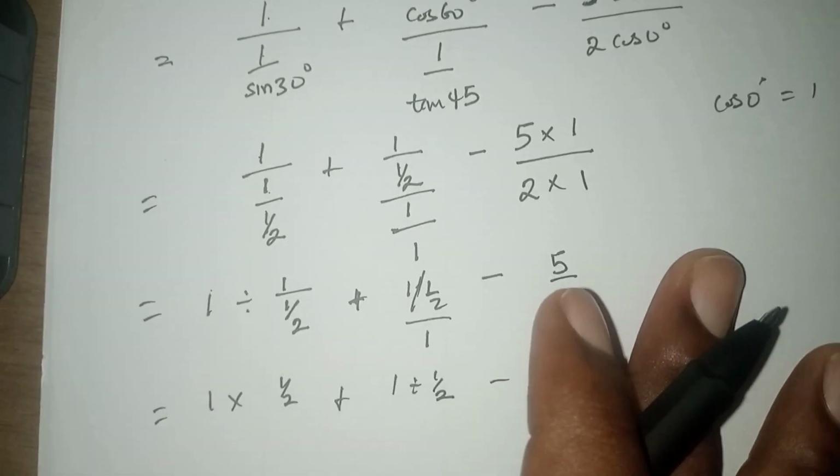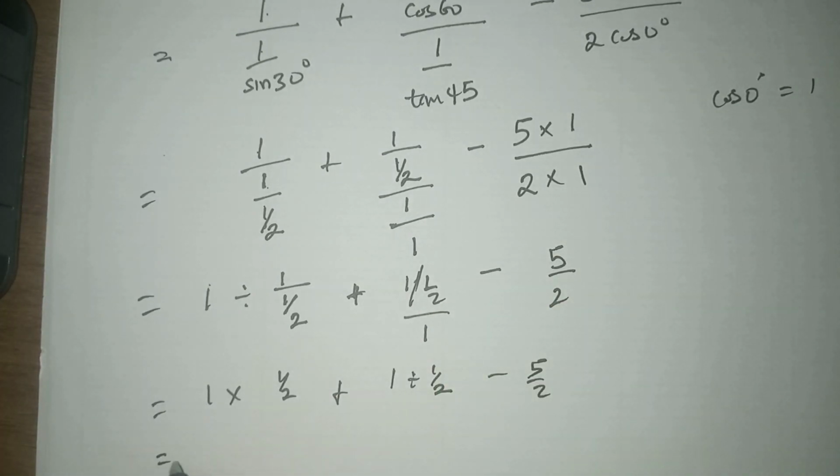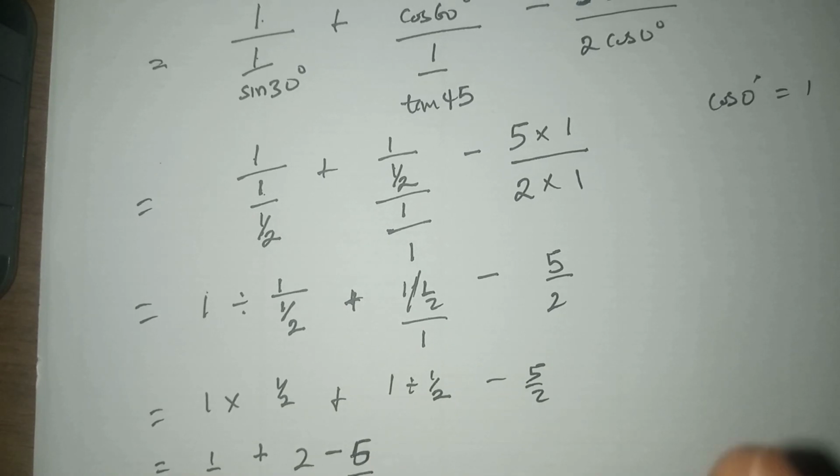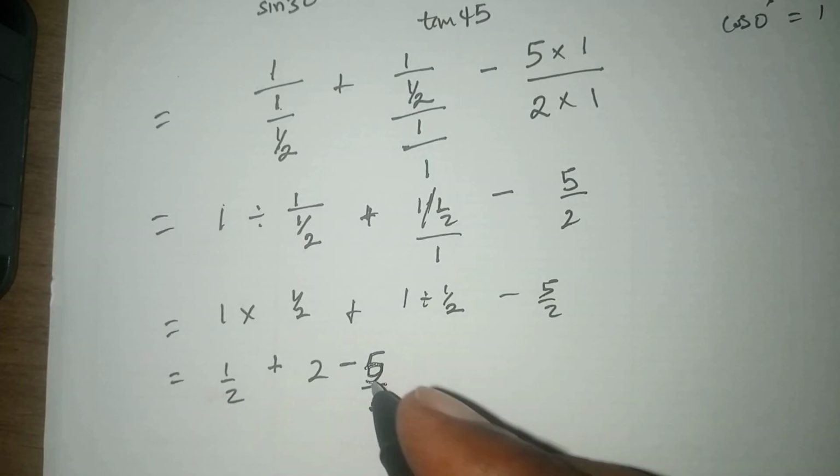So this will be 1 over 2 plus 2, plus 1 over 2 plus 2. This is 2. Then minus 5 over 2. Minus 5 over 2.